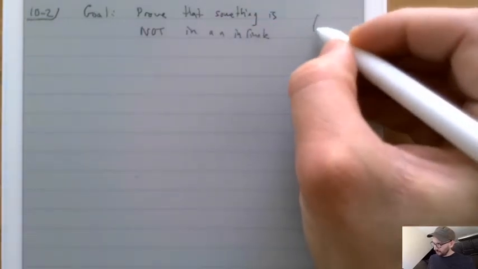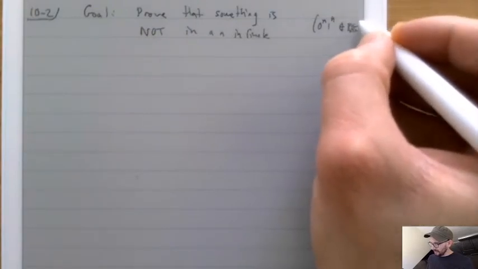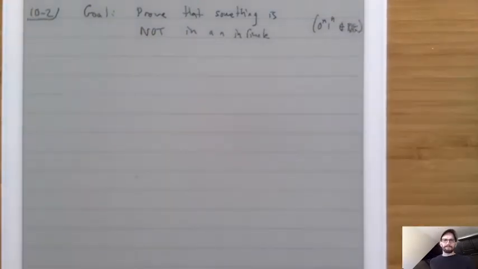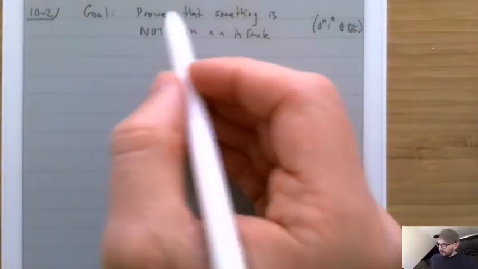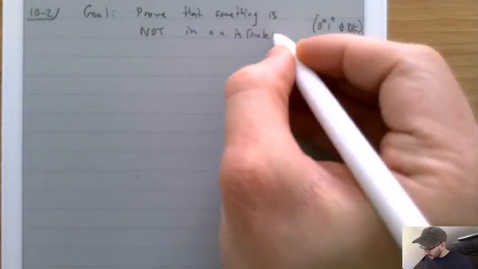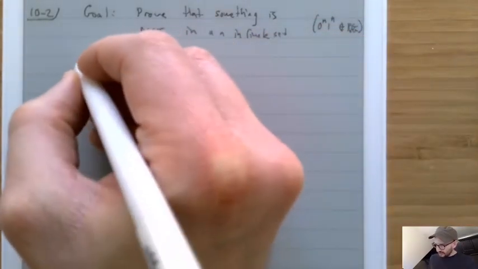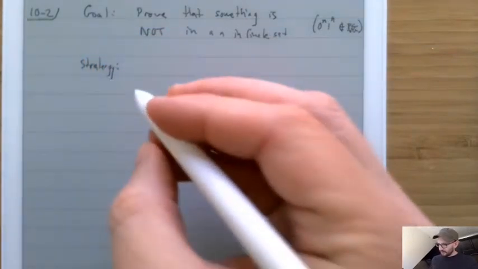In particular, we want to prove that 0^n 1^n is not inside of the regular languages. That's our goal. So if we want to prove that something is not in an infinite set, then one strategy is to do the following.